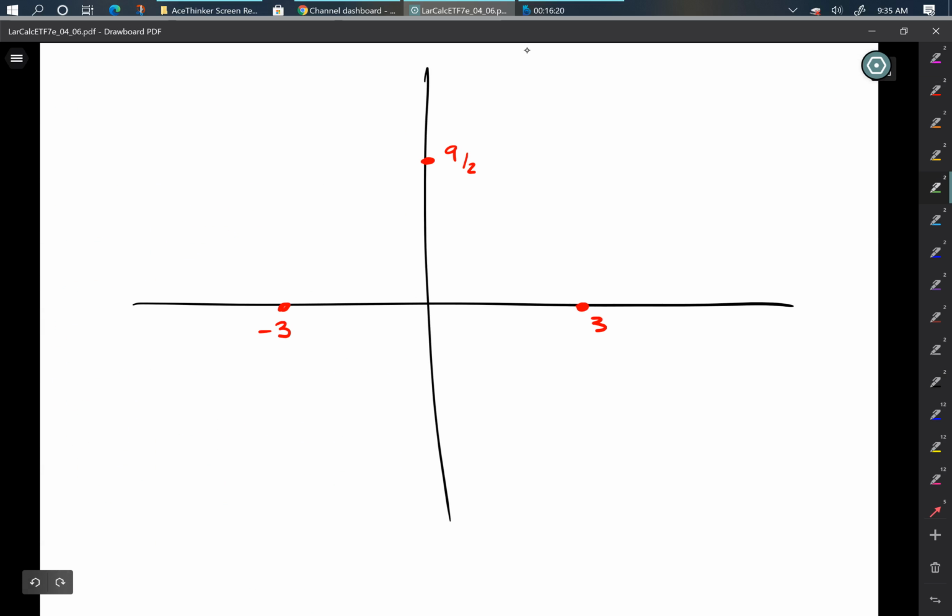Now let's put in those asymptotes. I know I have a horizontal asymptote at 2. And I know that I have vertical asymptotes at 2 and negative 2, right? I'm trying to remember.